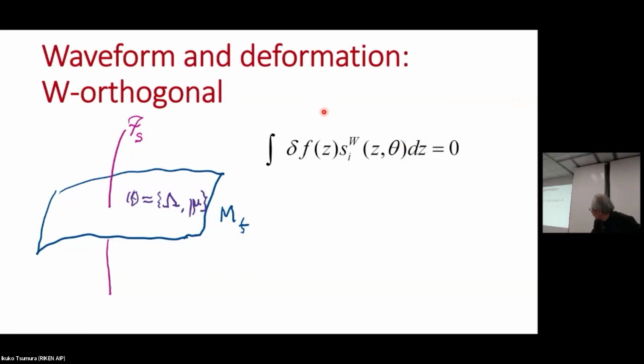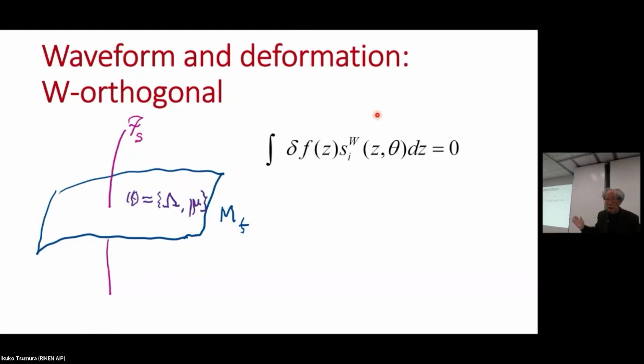So then, for a given standard model, we have a manifold of probability distributions M_f given f. f can be, for example, Gaussian or something like that. And the good point of Wasserstein geometry is that this shape manifold and the deformation manifold are orthogonal. Okay? Well, this is very good, but in Fisher-Rao geometry, it's not orthogonal.